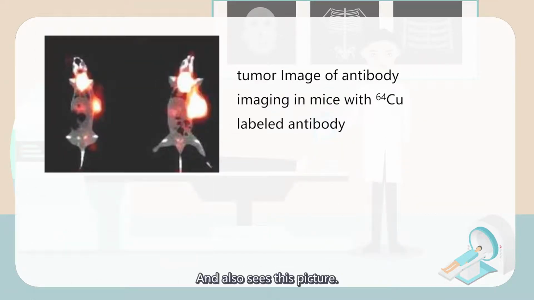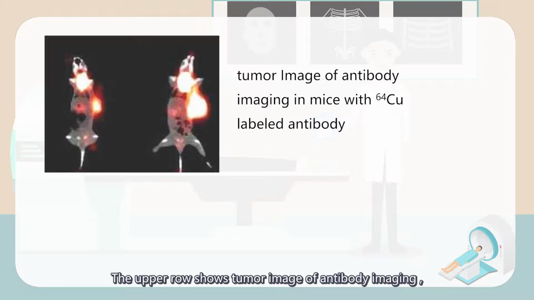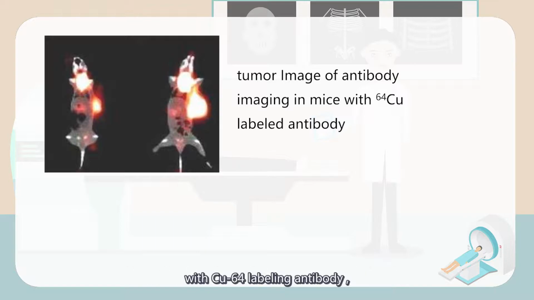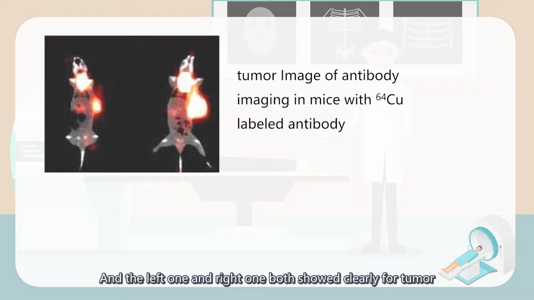And also see this picture. The upper row shows the tumor imaging of antibody imaging. Tumor imaged by the antibody in mice with a copper-64 labeled antibody. You see these two tumor-bearing mice, and the left one and the right one both showed clear tumor.